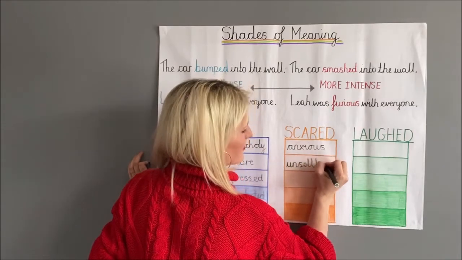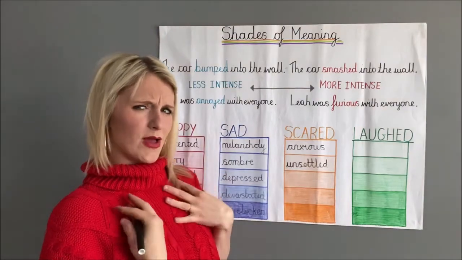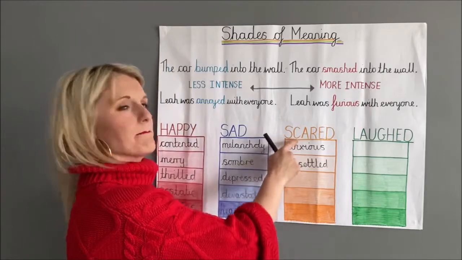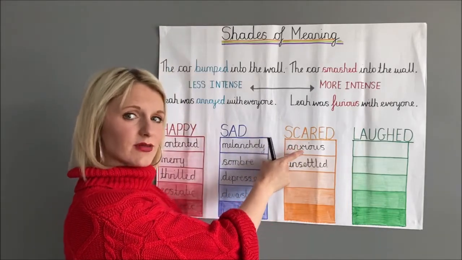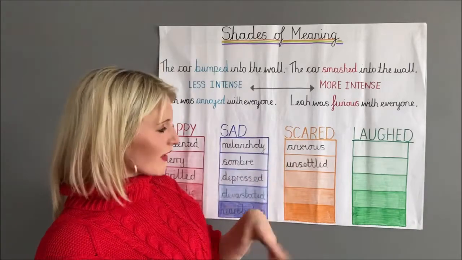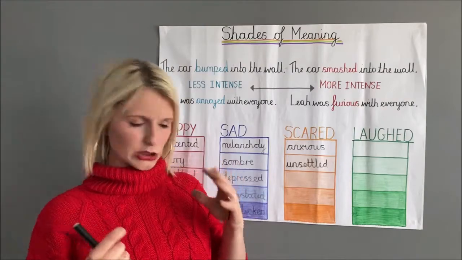Okay, so if something made me feel just a little bit like I can't relax, just a little bit unsettled, that for me is a little bit more scared than just being anxious, although some people I've showed this to don't agree. They think they should be the other way around, but it doesn't suggest someone who is running away and gasping in shock.